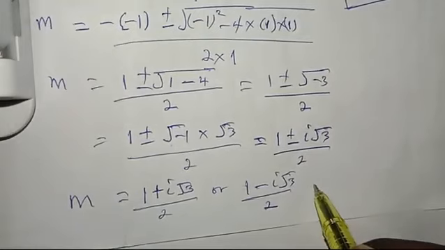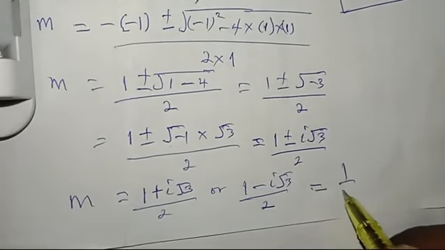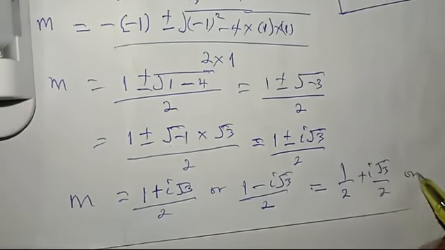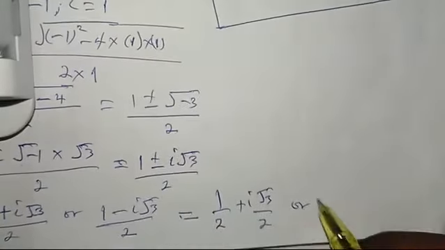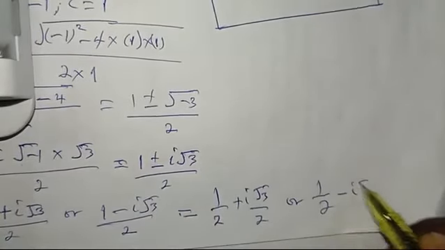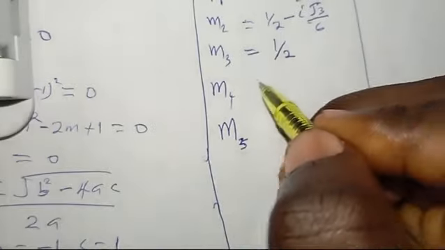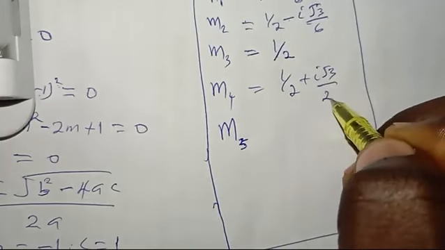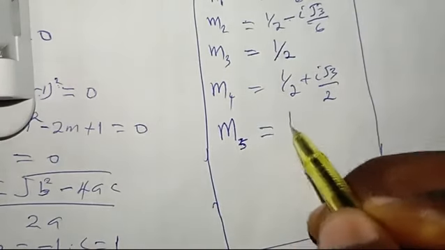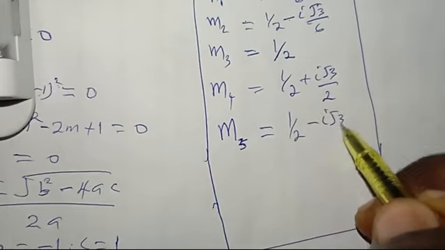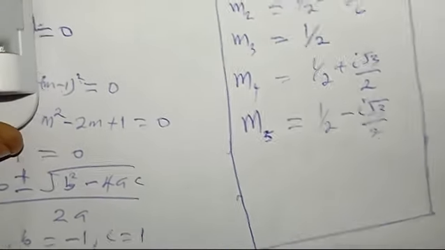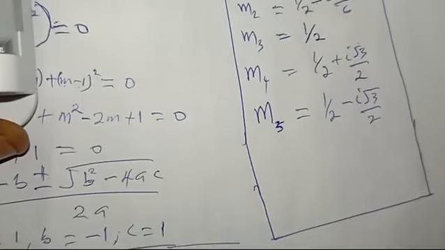Okay, so which of course I can also rewrite all of this to be equal to 1 over 2 plus i root 3 divided by 2, or 1 over 2 minus i root 3 divided by 2. So let me just put it right here. So we have 1 over 2 plus i root 3 divided by 2. And then this one, 1 over 2 minus i root 3 divided by 2. So these are the 5 values of m which we've gotten that satisfy the equation we are solving.